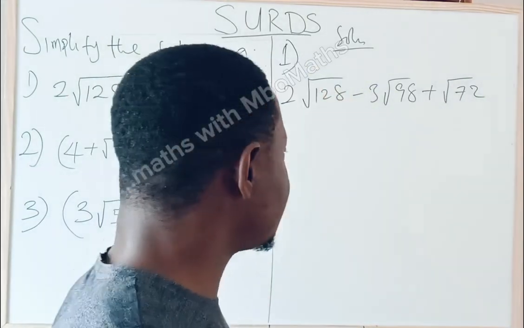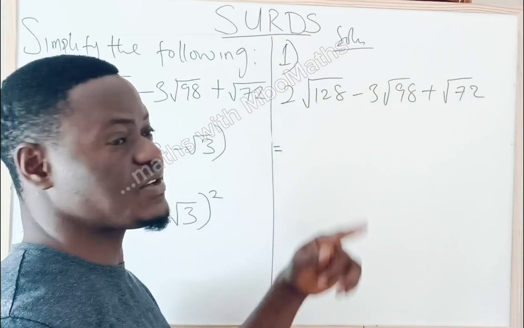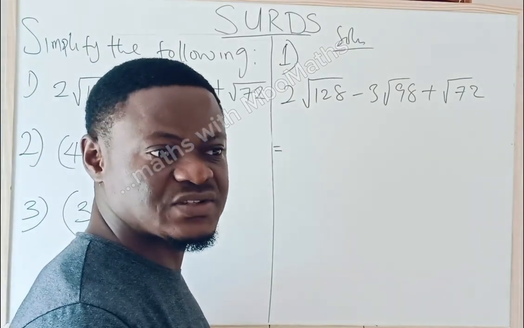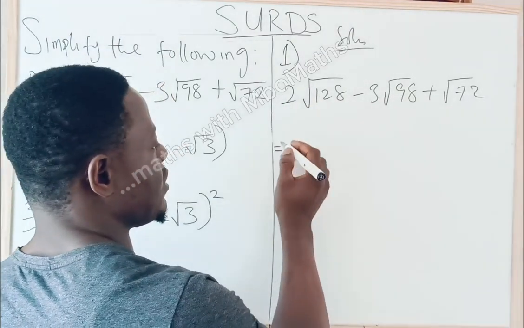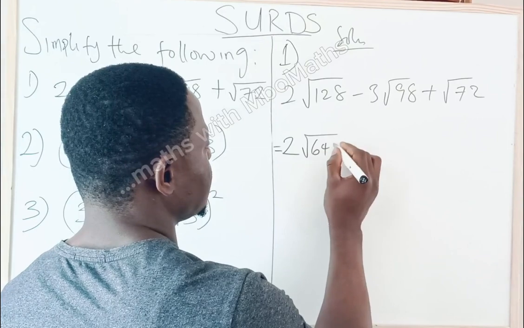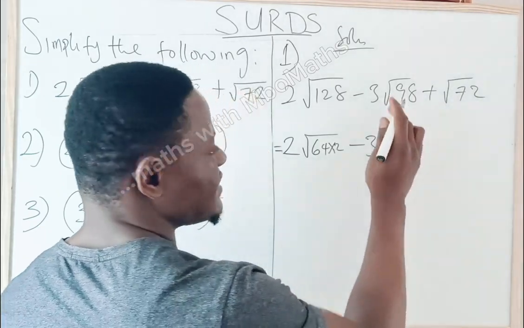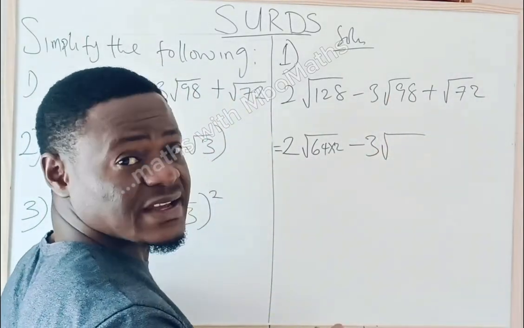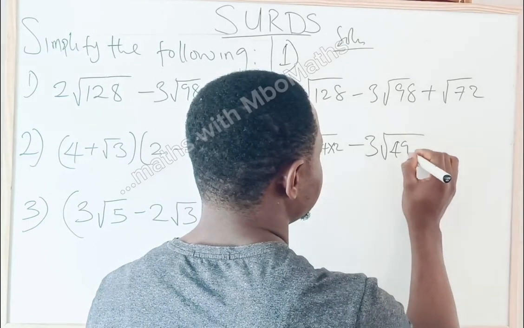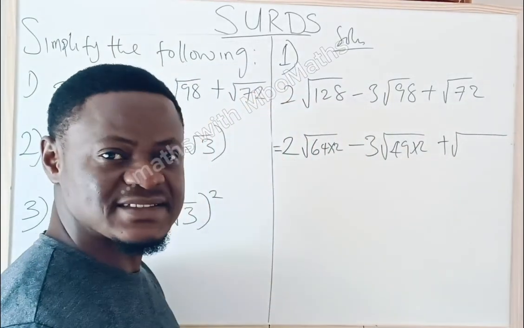Having said that, if you look at 2 root 128, we can write 128 as 64 times 2, is it not? So this becomes 2 root 64 times 2 minus 3 root, 98 can be written as 49 times 2, plus 72 is written as 36 times 2.